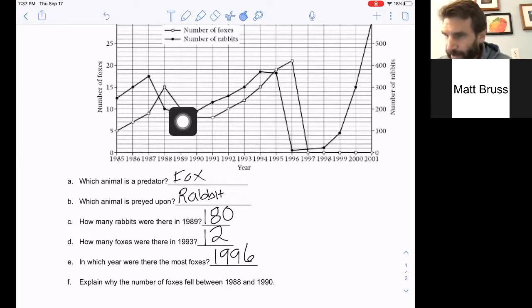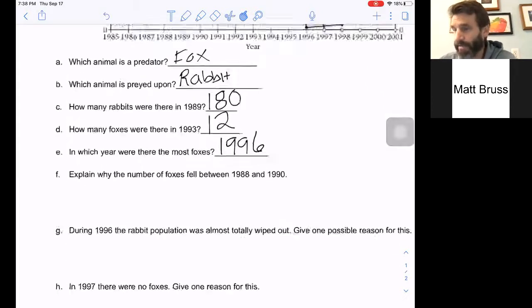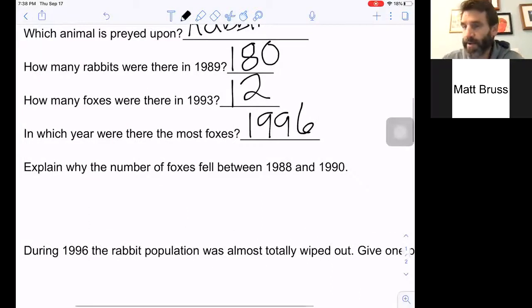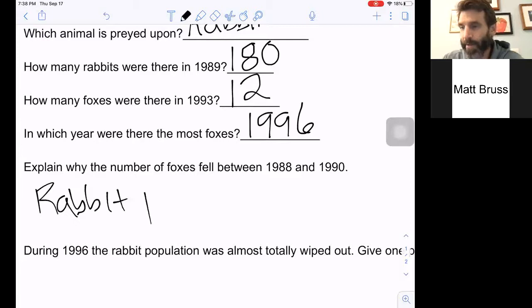And so if I back up a couple years, I can see from 87 all the way down to 89, 1 year kind of prior, there is a dip in the rabbit population. So my guess is that the rabbit population fell.